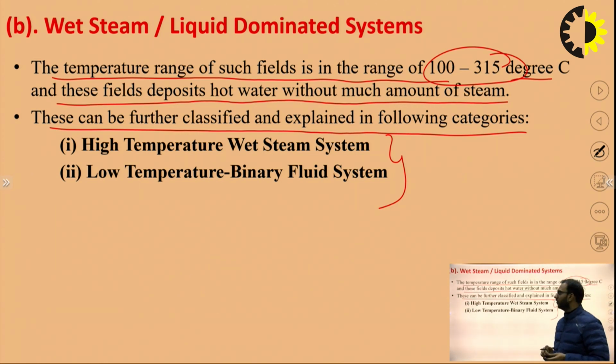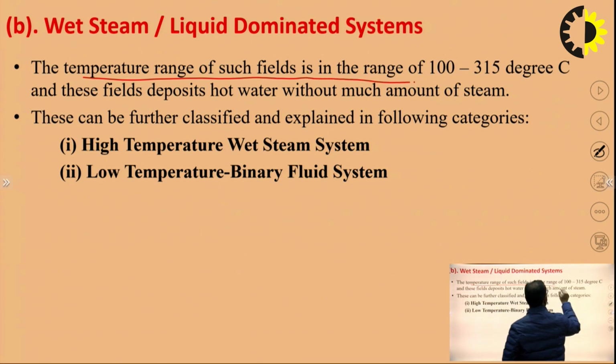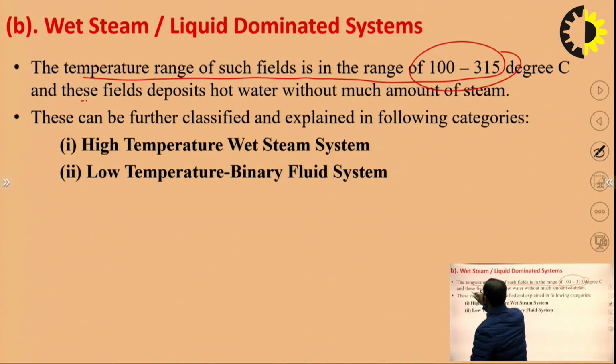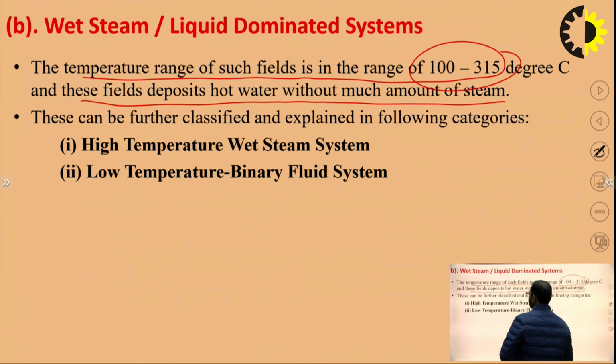The next one is wet steam or liquid dominated system. In this system, the temperature range of such fields is 100 to 315 degrees Celsius, and these fields deposit hot water without much amount of steam.